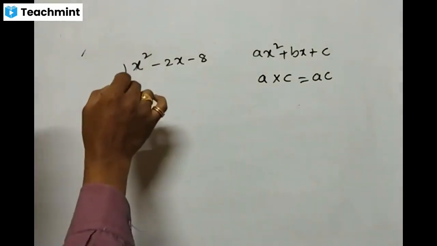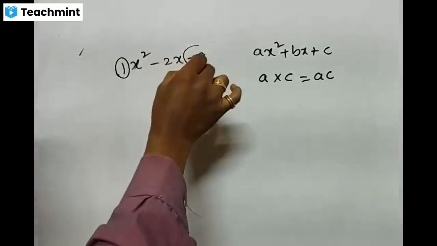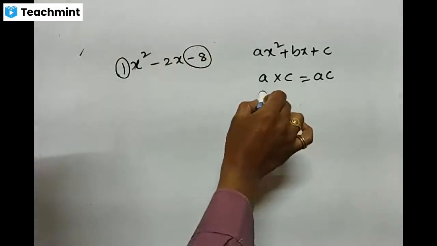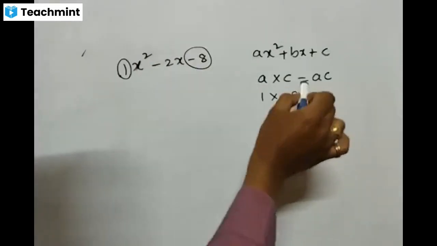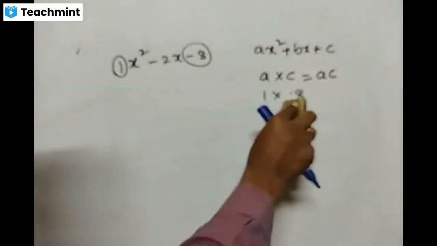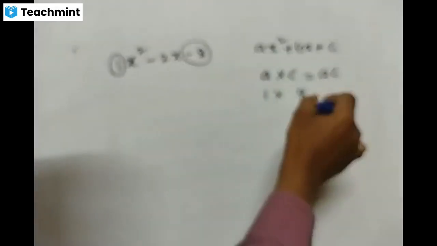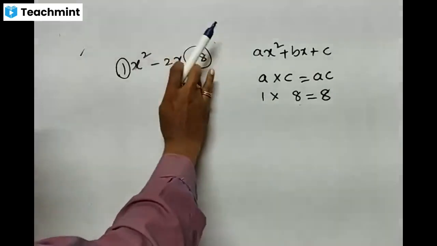Here also, a value is nothing but 1. c value is nothing but minus 8. 1 into minus 8. Don't take that negative sign, take 8. 1 into 8 is nothing but 8 only.